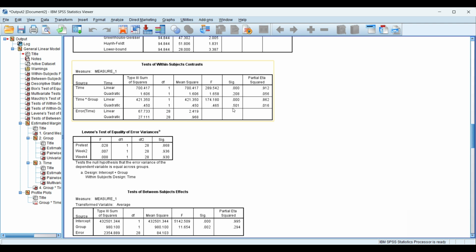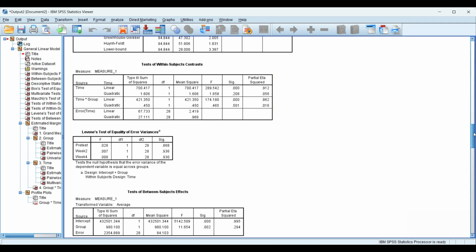However, the quadratic trend was not significant, as you can see the p-value is greater than 0.05. So what does it mean? It means the improvement followed a linear rather than a curved pattern. Likewise, the linear interaction between time and group was significant, while the quadratic interaction was not significant.